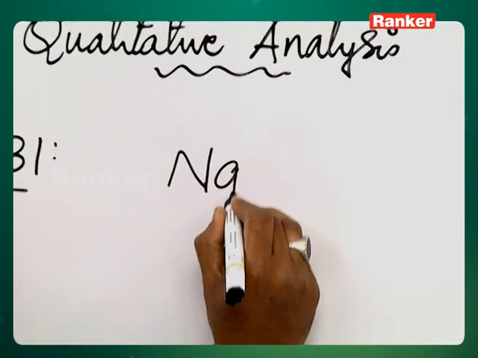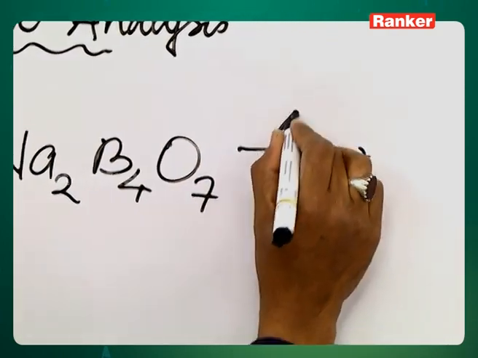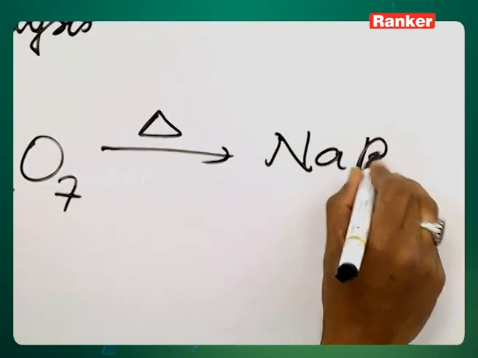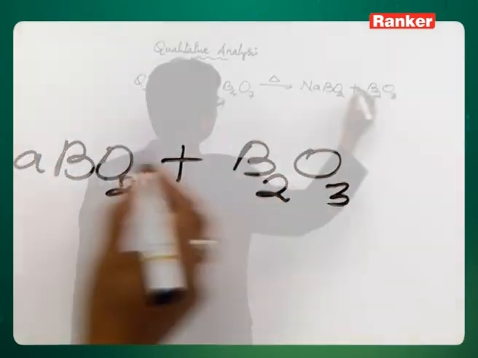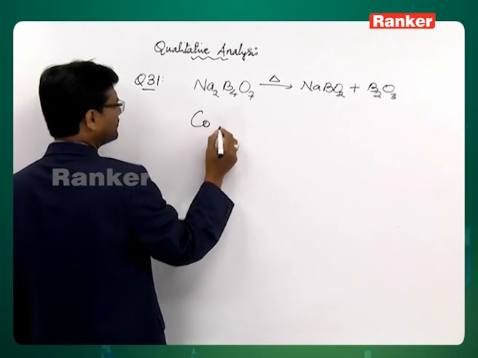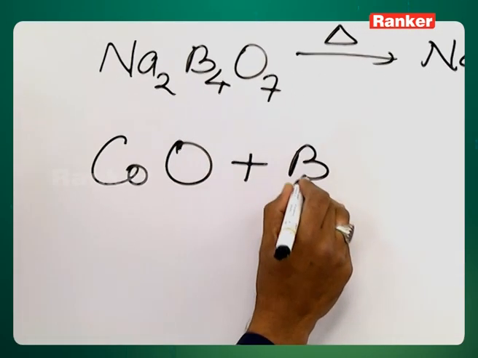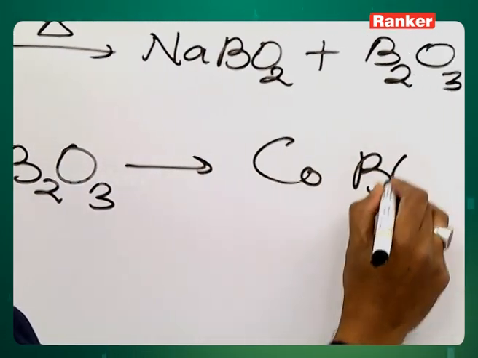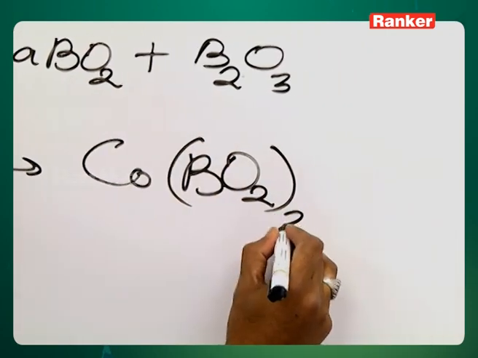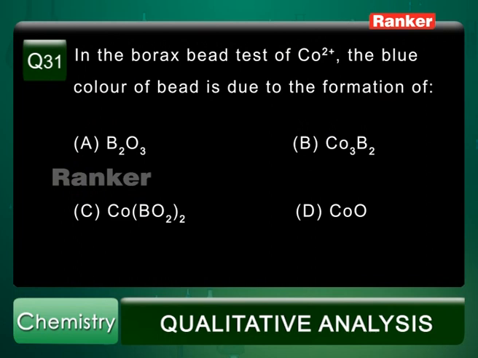When you heat borax, you get a mixture of NaBO2 and acidic oxide B2O3. Cobalt salt on heating gives cobalt oxide which will react with B2O3 and you get cobalt metaborate. This has blue color. The answer is therefore C option, cobalt metaborate.